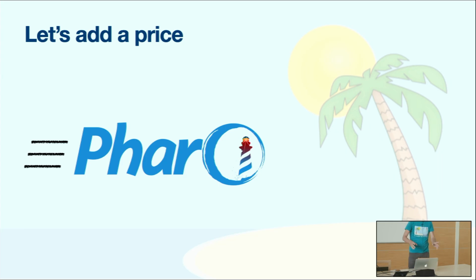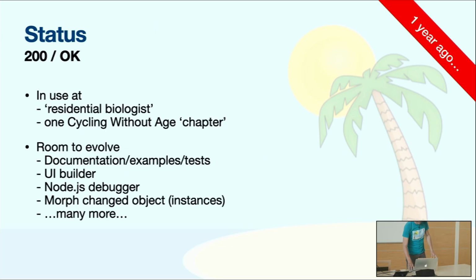Yeah, I'm thinking, but because of time, I'm not going to tell too much about it. Last year, I presented something about CodeParadise, and this was the slide I showed, like what's the status of CodeParadise. Except for the top part, that's not the in-use part, but the room to evolve. And I have to admit, I only added stuff to the room to evolve.